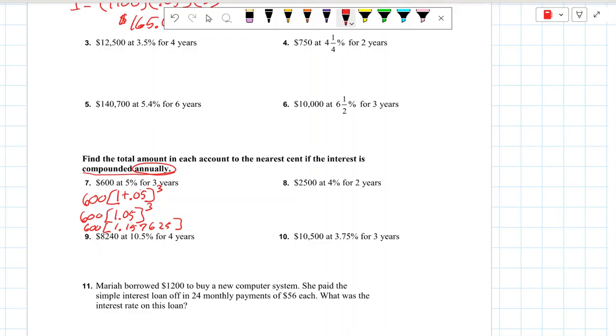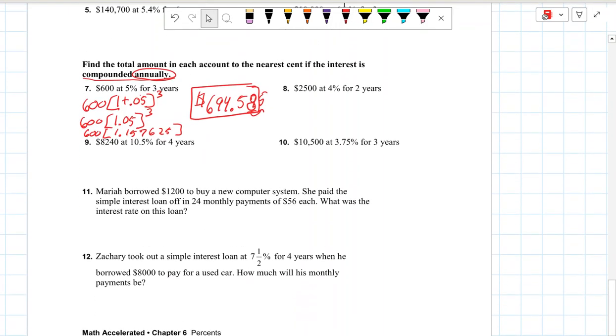So it's already on my screen, so times by 600. And I have the answer as $694. And it's a little weird. I need to elevate my 7 because that's a 5 to an 8. Rounding to the nearest cent. So my answer here is $694.58. So that's how you do those.